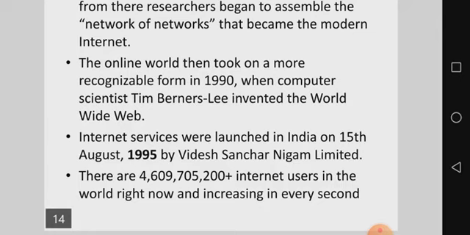But now we have, I don't know how to count it, it will take time. 1, 10, 100... 4,609,705,200 internet users in the world right now, and these users are increasing every second.